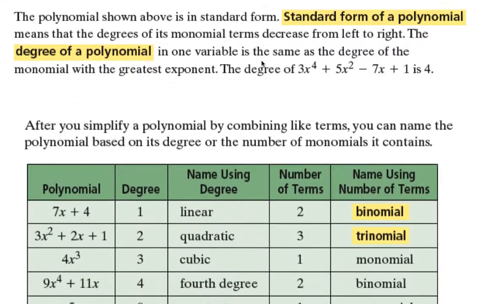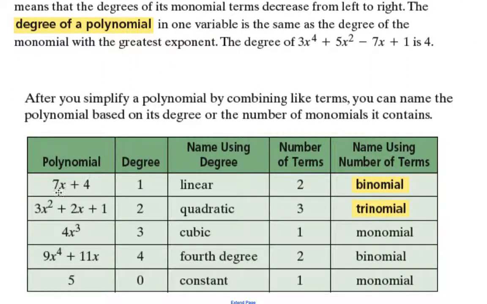Take a look at this chart. These are the different polynomials, named based upon the degree, and based upon the number of terms. So 7x plus 4, that's degree 1, and the degree of the polynomial is equal to the largest degree of that particular polynomial.